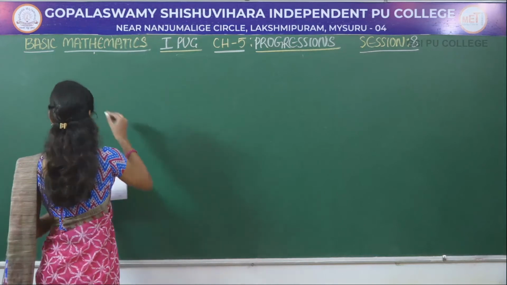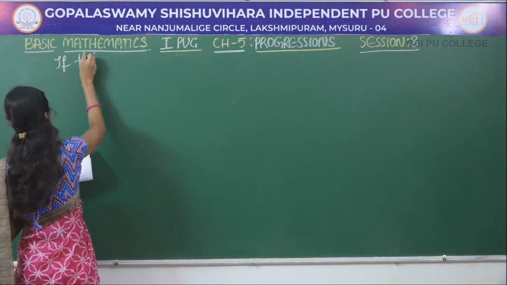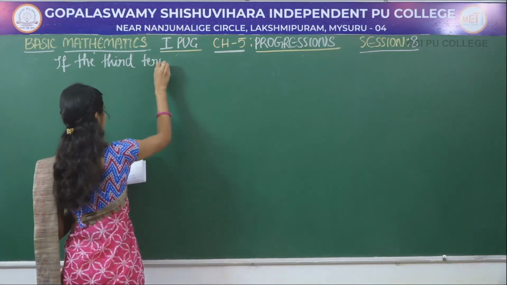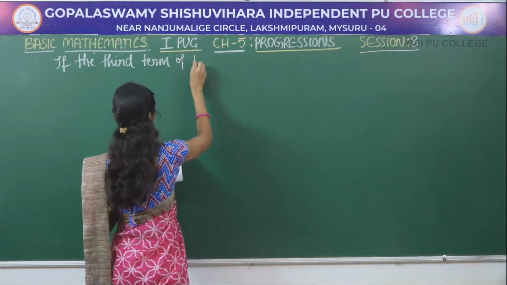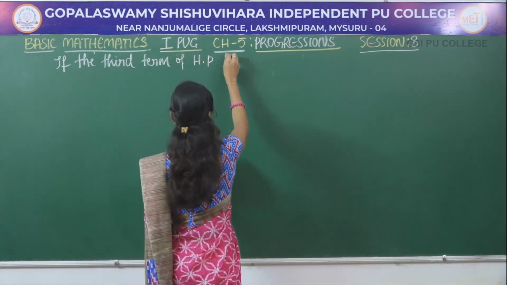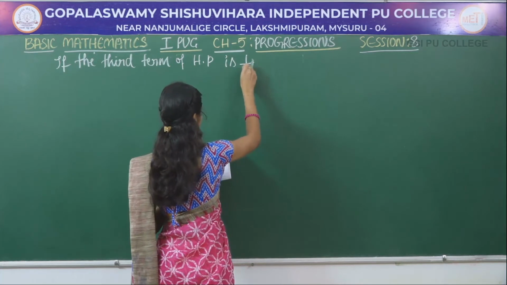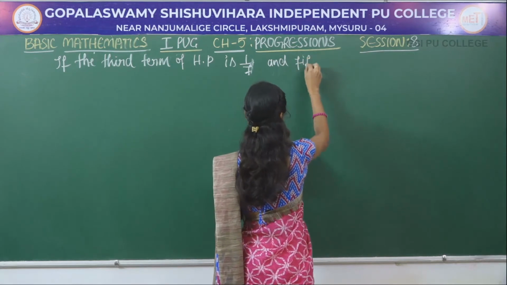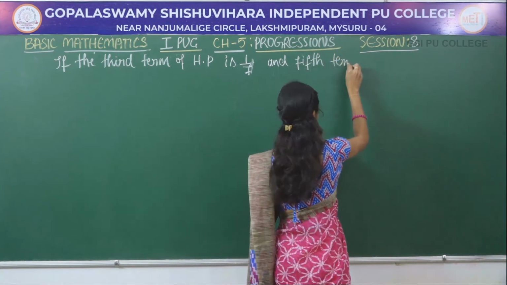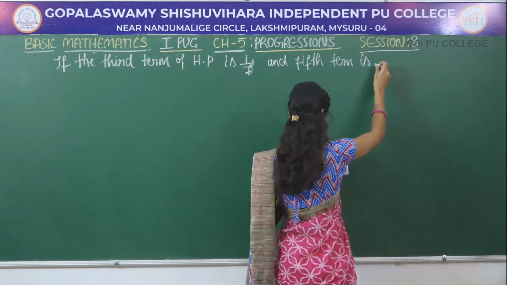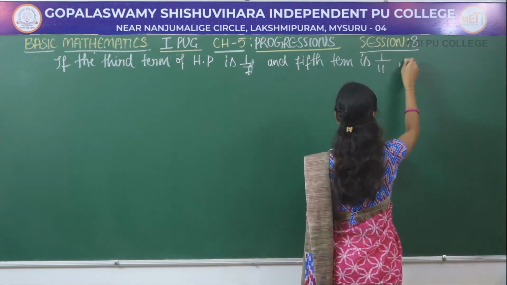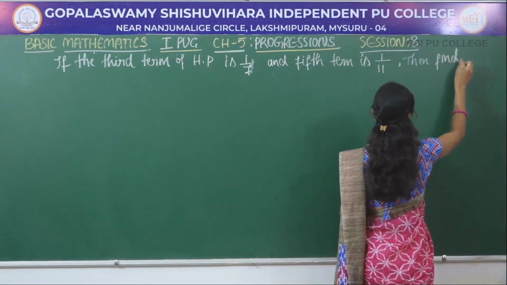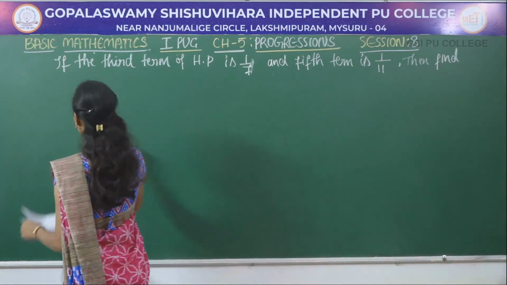So next problem: if the third term of HP is 1 by 7 and the fifth term is 1 by 11, then find the 7th term.